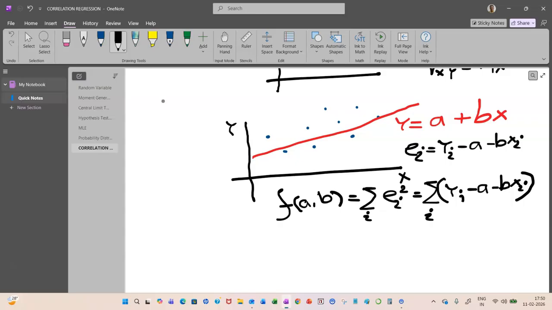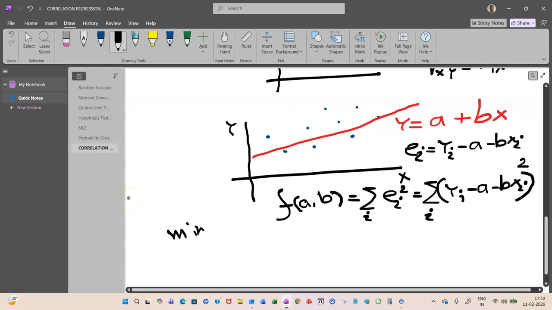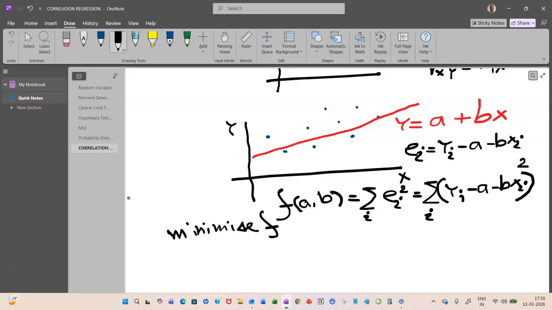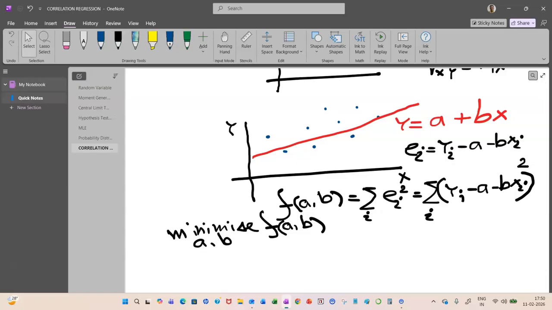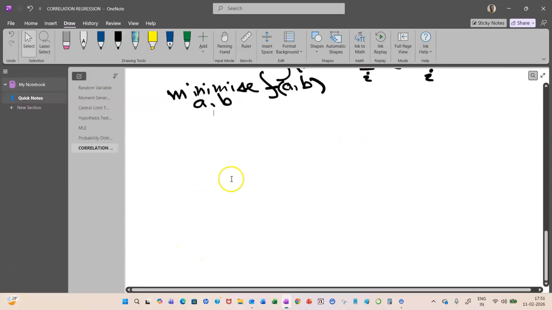Given the values of x and y, we need to find a and b such that f of a, b is minimized, so the squared error loss is minimized. That is the way to find the values of a and b. That's called model training. So we need to minimize f of a, b over a and b.